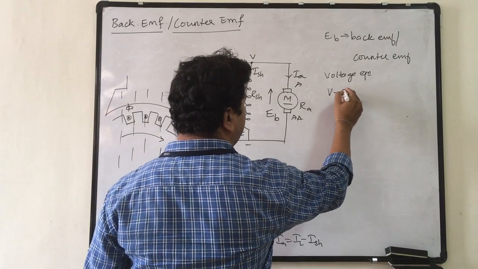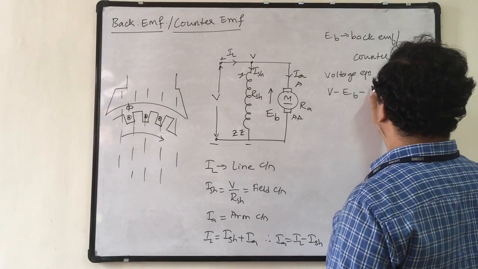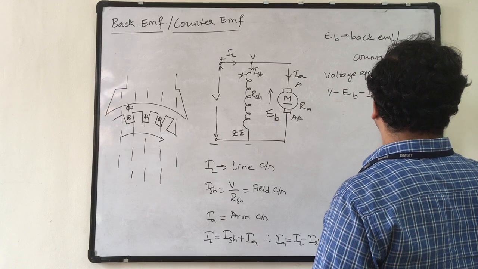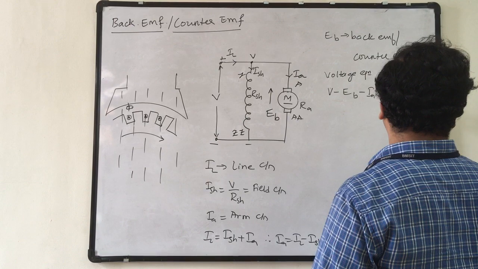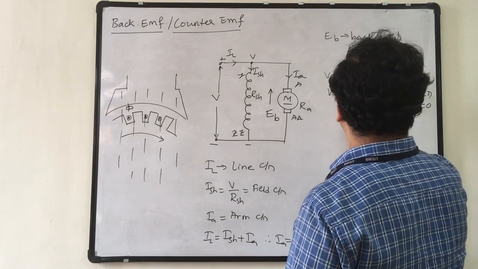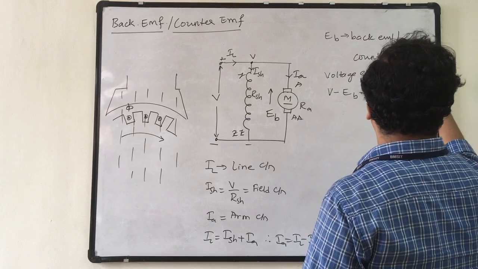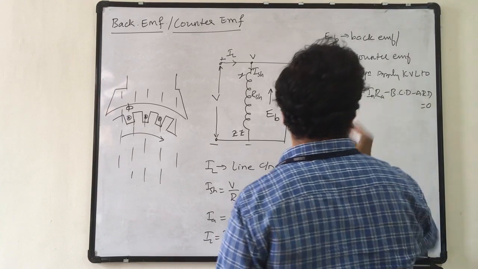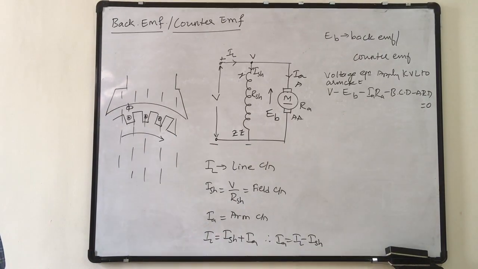So therefore V minus EB minus IARA minus brush contact drop minus armature reaction drop equal to 0.